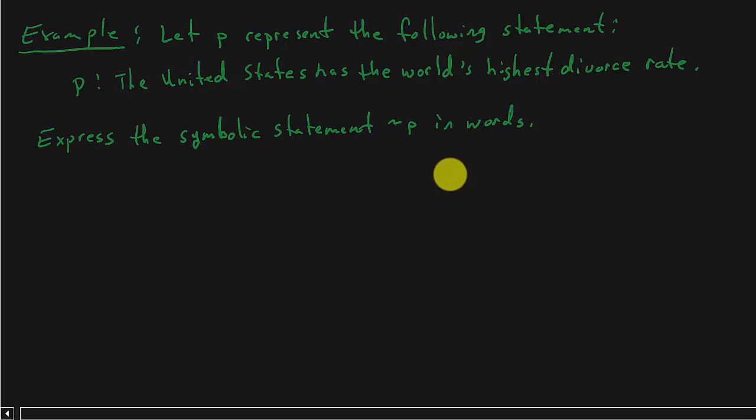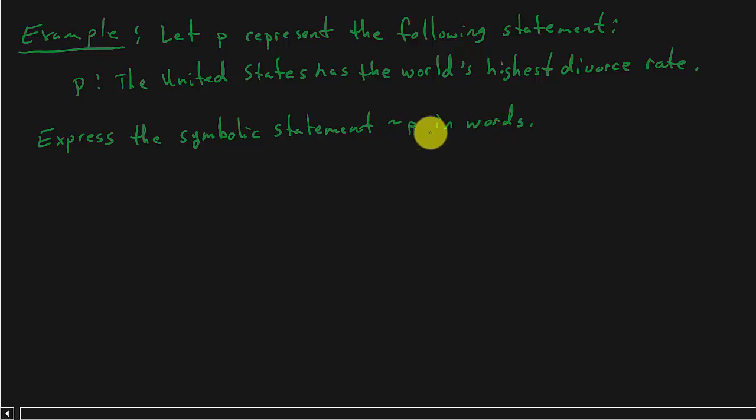All right, so what about this one? Let P represent the following statement. P is the statement the United States has the world's highest divorce rate. And they want us to express the symbolic statement, not P, in words.